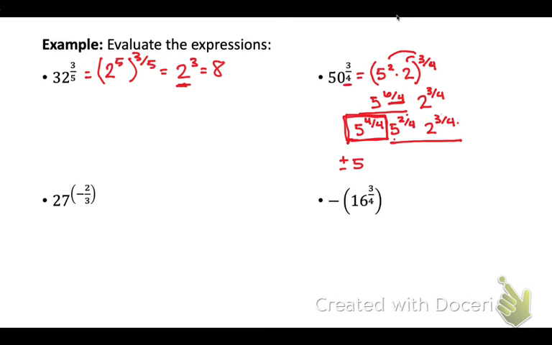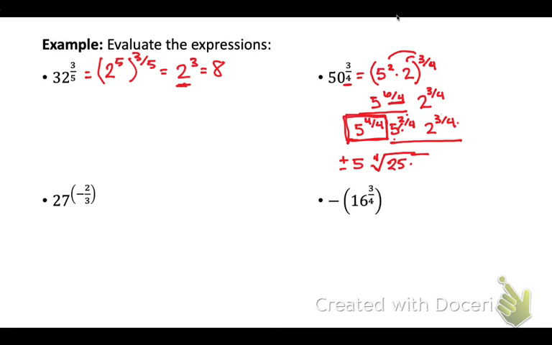Now, can this 5 squared come out? No, because I'm looking for sets of what? 4. And I only have what? 2. So I have this, not the square root, but the 4th root, and I have 5 squared, so it's 25.